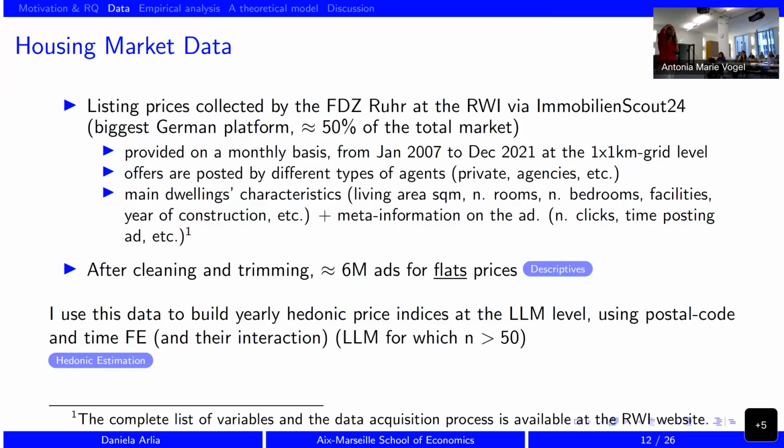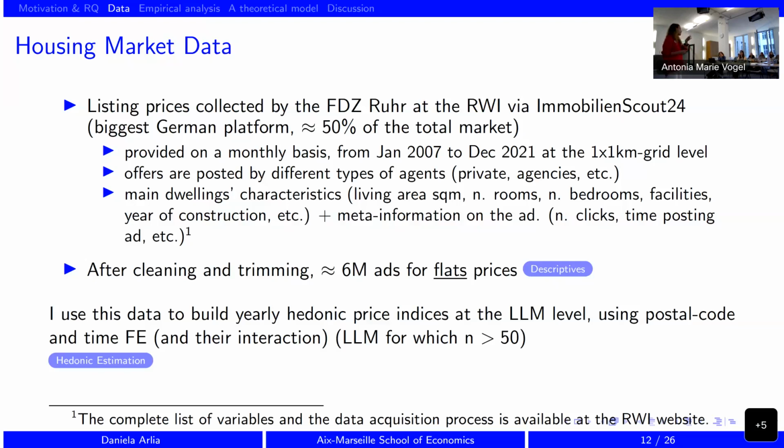And after all the cleaning and trimming, I am left with 7 million observations on flats. I focus only on flats, so I excluded other types of housing. And I use this data to build yearly hedonic price indices at the local labor market level using a postal code and time fixed effect plus the interaction.